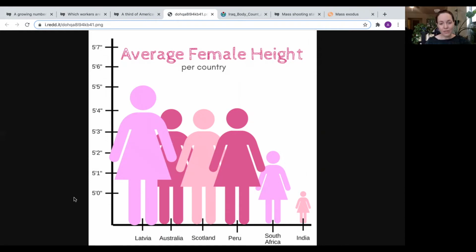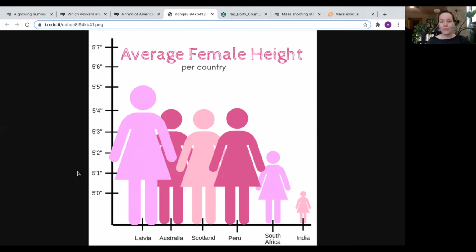Part of this is using this truncated y-axis while still attempting to show the entirety of a person. Another issue here is that when you try to size icons to add maybe another dimension to your data, you're not only making them taller, you're making them wider, which then means you're looking at area rather than height, and that can get into some fairly tricky territory.